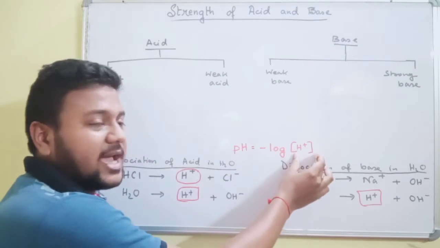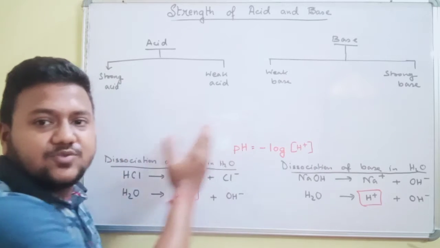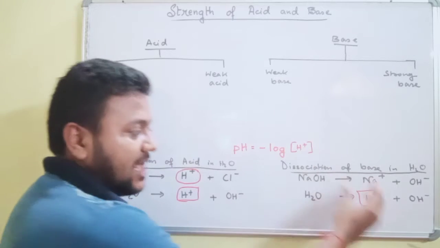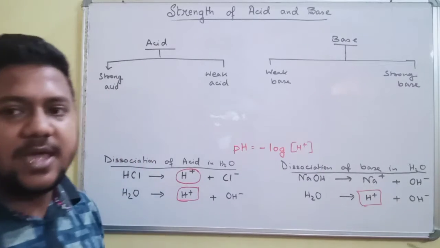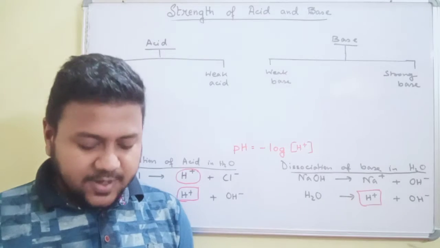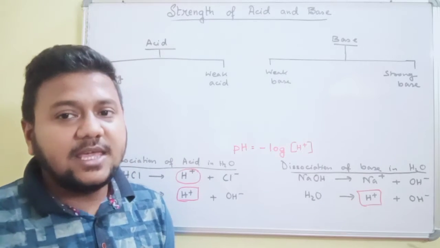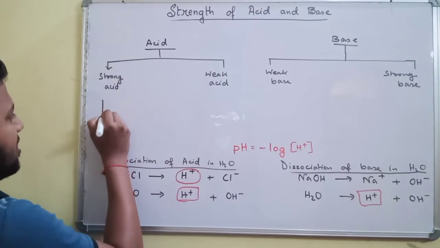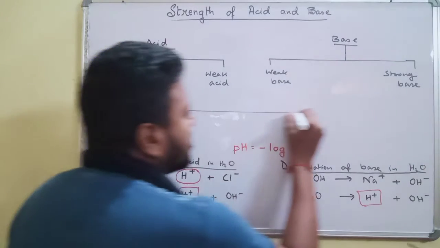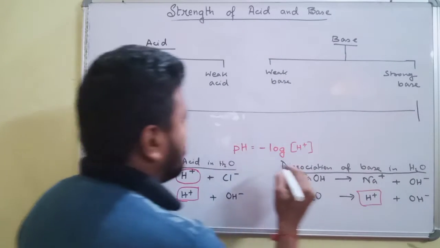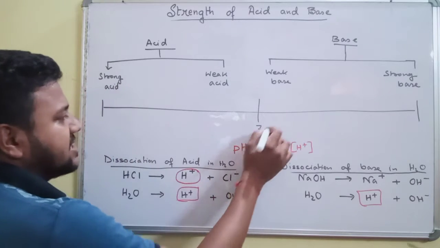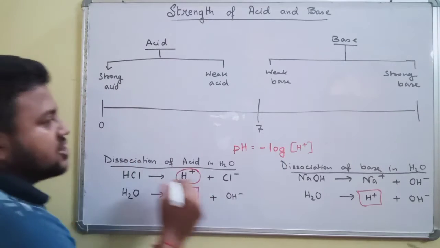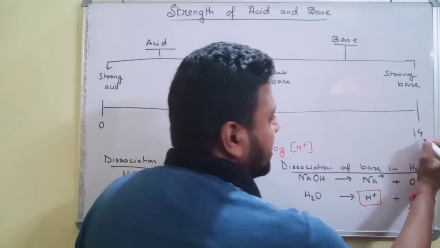More the hydrogen ion concentration, less will be the pH, and less the hydrogen ion concentration, more will be the pH. In this scale he classified them into 14 divisions, with a midpoint which is 7, starting from 0 to 14.